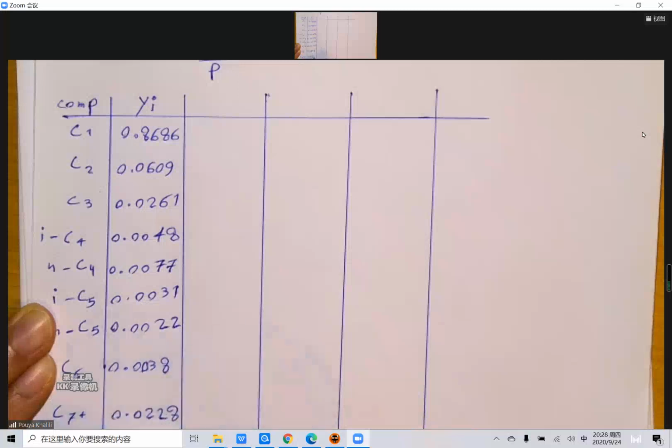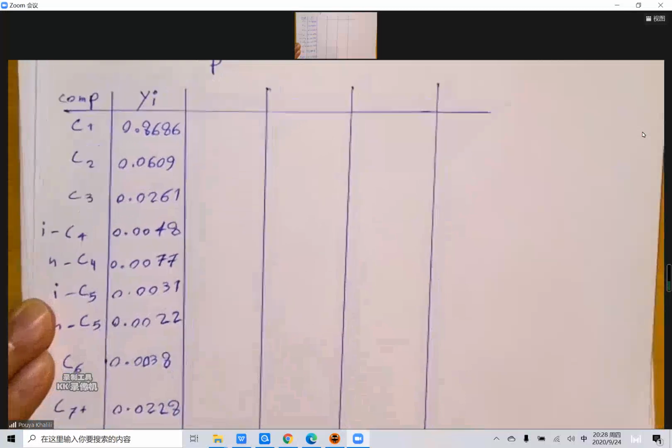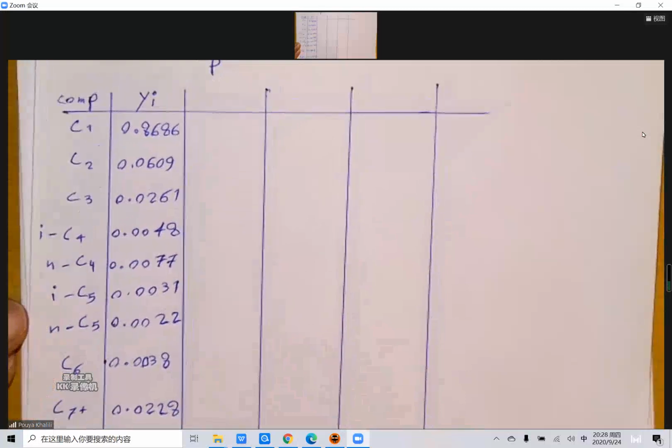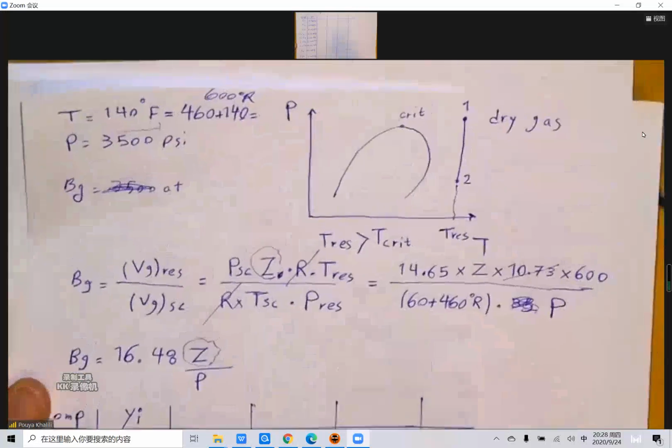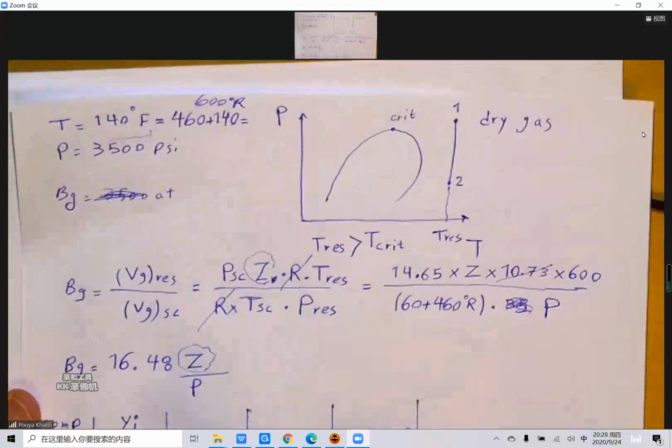Sir, why did you cancel the R? Because we are dividing V over V in that equation. Yeah, I know, but I think there is no R in the standard condition here, because I've also checked the compendium.